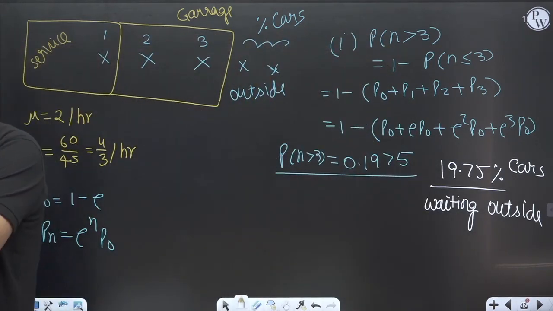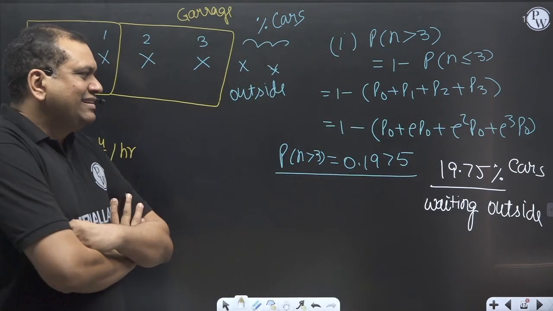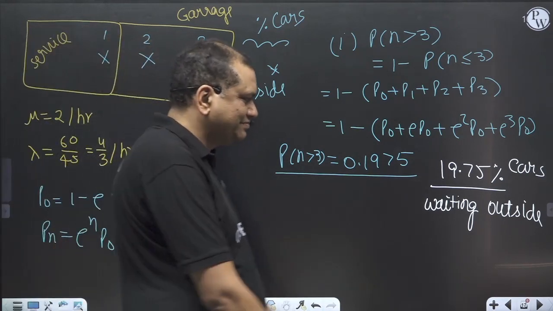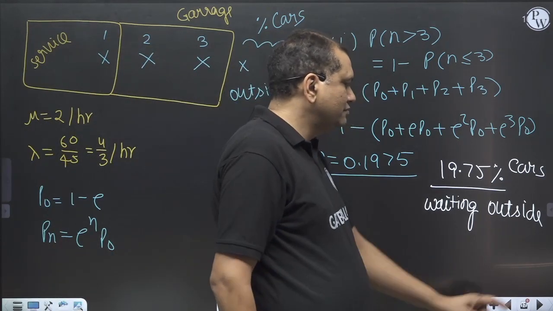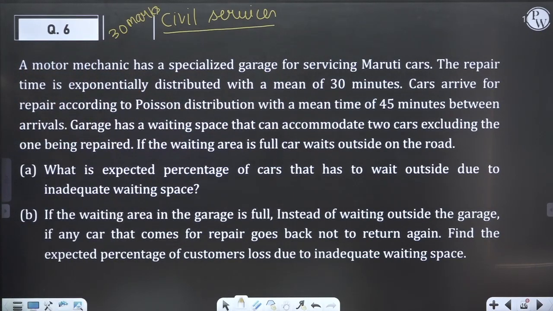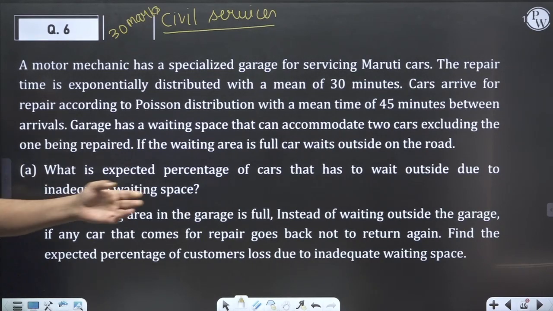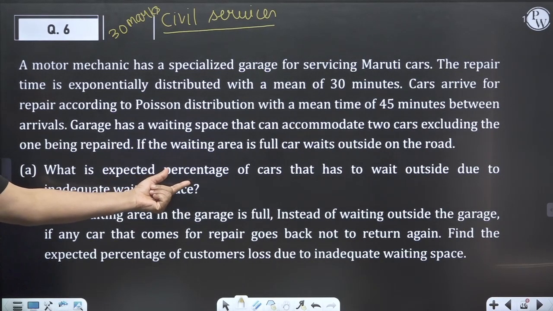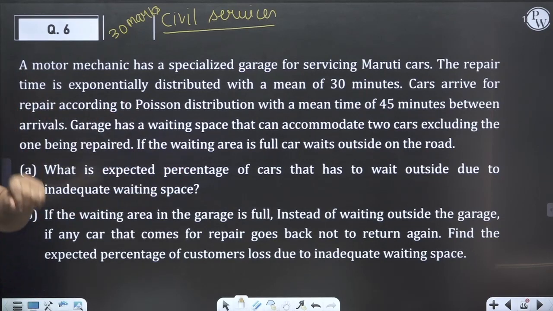Correct? Read the next portion of the problem. It was a 30 marks problem in civil services. So approximately 19% of cars will be waiting outside due to inadequate waiting space.